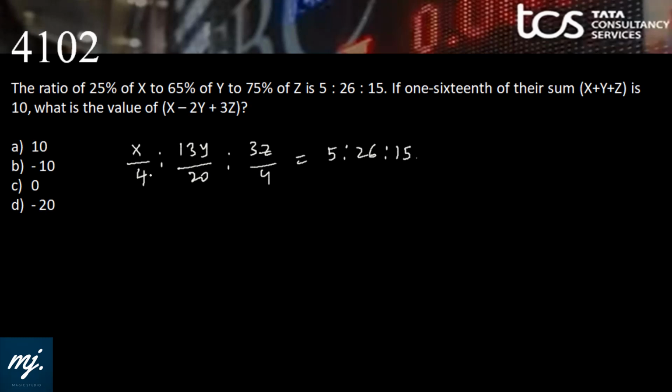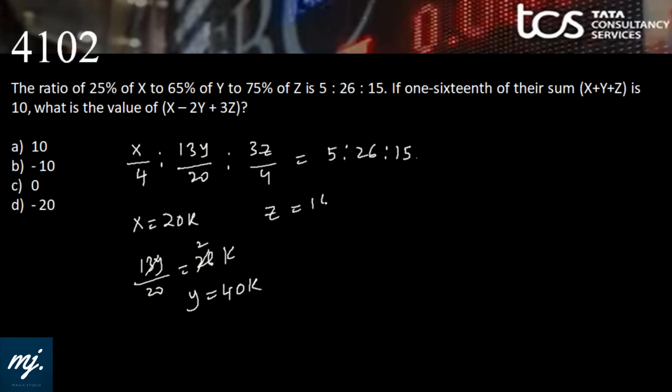So if I put in the k terms, x by 4 is equal to 5 into k. So x will be equal to 20k. Then 13y by 20 is equal to 26k. That means y equals 40k. And then z equals 15k into 4 by 3. That is 20k.